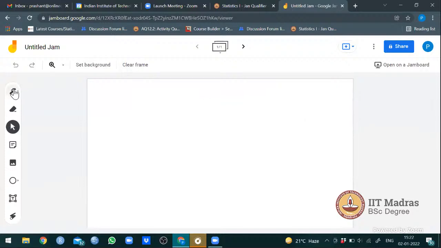For example 2000, 2003 and 2006. It can be anything. It does not mean that if it is 2000, then it should be 2001. It can be 2003, it can be 2006. But time will vary.